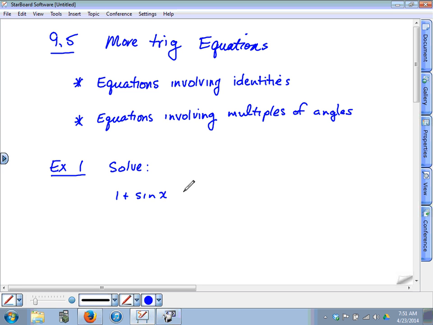1 plus sine x equals 2 cosine squared of x.